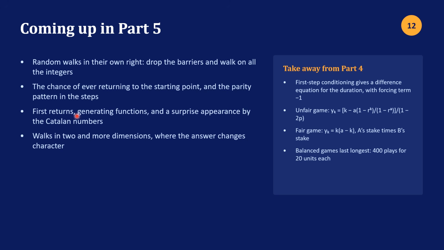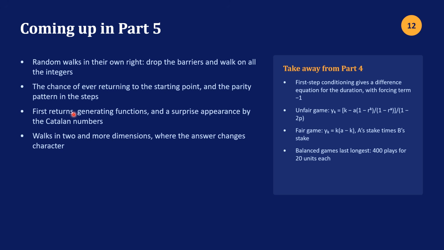First returns. If you remember from earlier lessons, we computed the probability of starting in a state and returning to that state in n steps. But I mentioned then that did not exclude the possibility of entering that state several times before you return to it in step n.